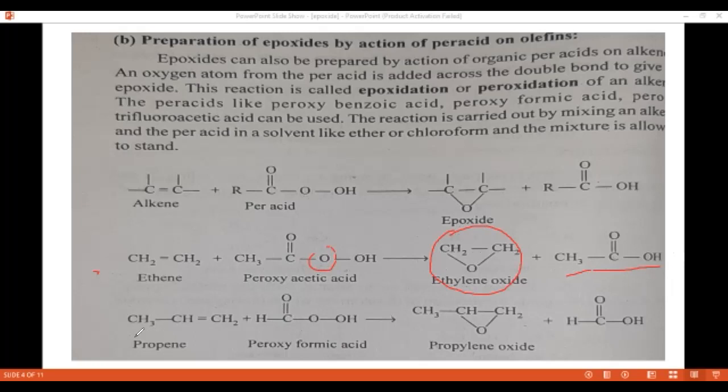Now another example: propene, CH3 CH double bond CH2, reacts with peroxyformic acid, H C double bond OH.